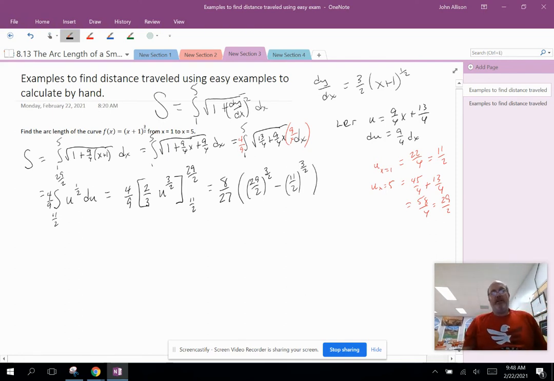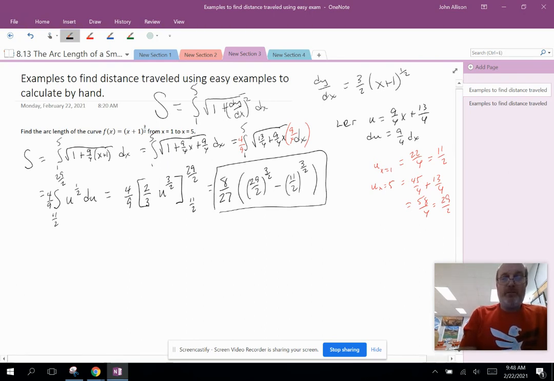And I'm going to leave it like that, because if you had to do this by hand, that would have been sufficient. We're not going to try to raise 29 and 11 to the 3rd power and all that good fun stuff. But that would be the expression that gives you the arc length of the curve (x plus 1) to the 3 halves power from x equals 1 to x equals 5.